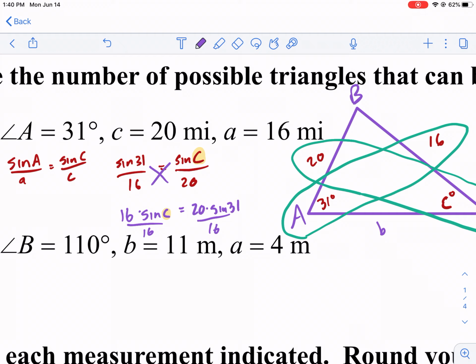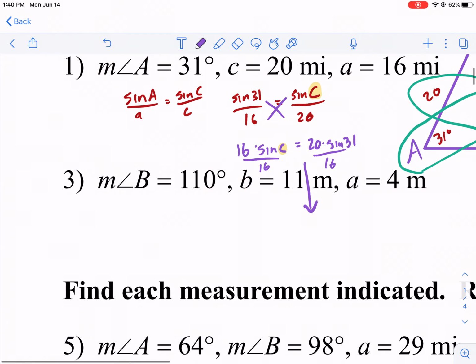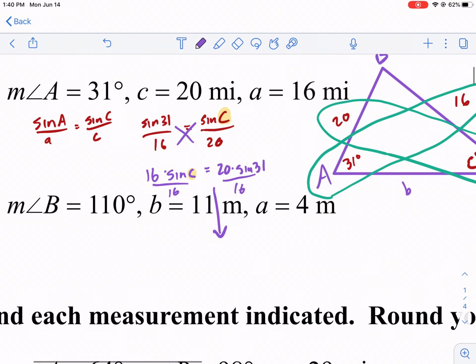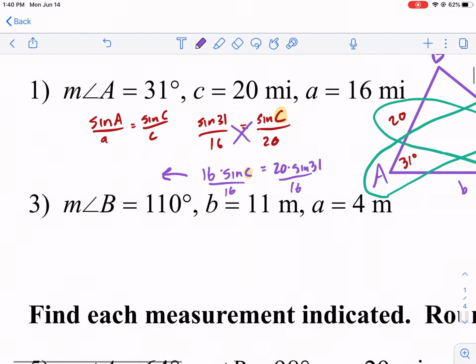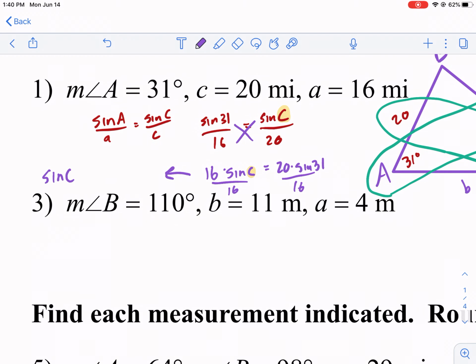Then we have sine of C is equal to 0.6437, etc. I'm going to take the inverse sine now of both sides.